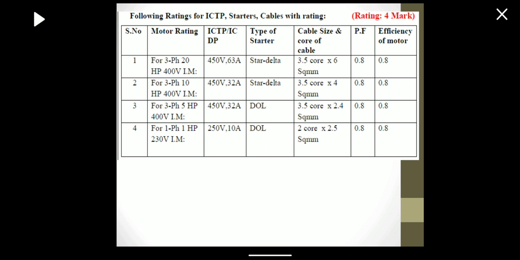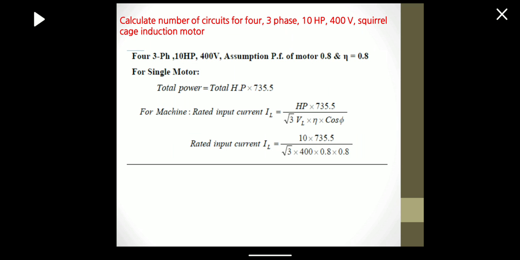Then 3.5 core 2.5 square mm is the size of wire. Then for single phase 1 HP 230 volt induction motor, 230 volt 10 ampere DOL starter is used. Then 2 core 2.5 square mm is the cable size and the core of the cable.